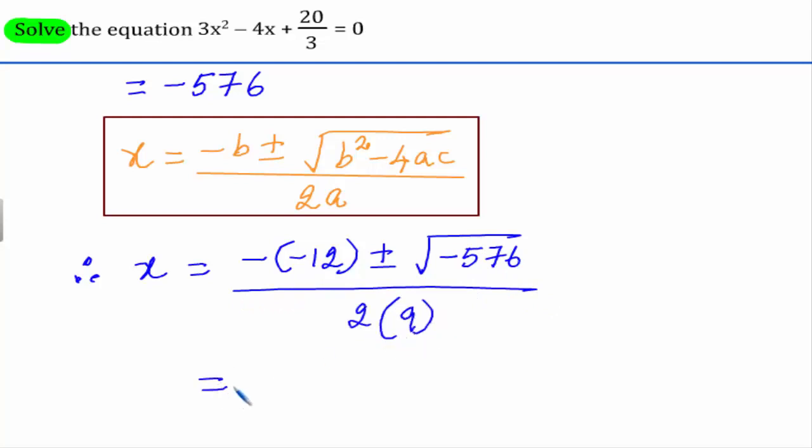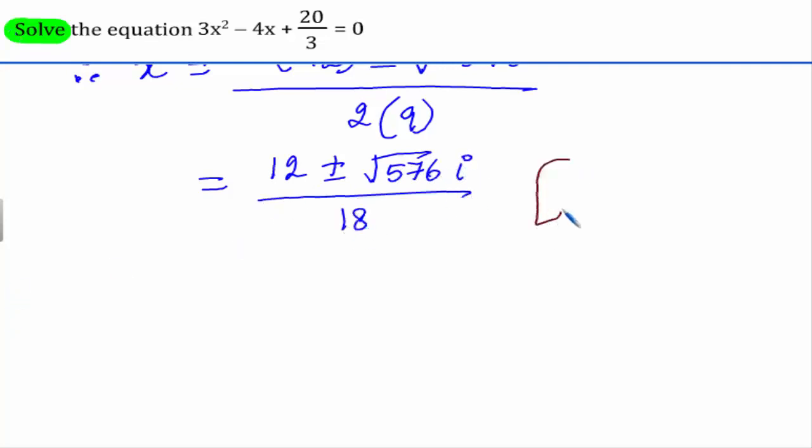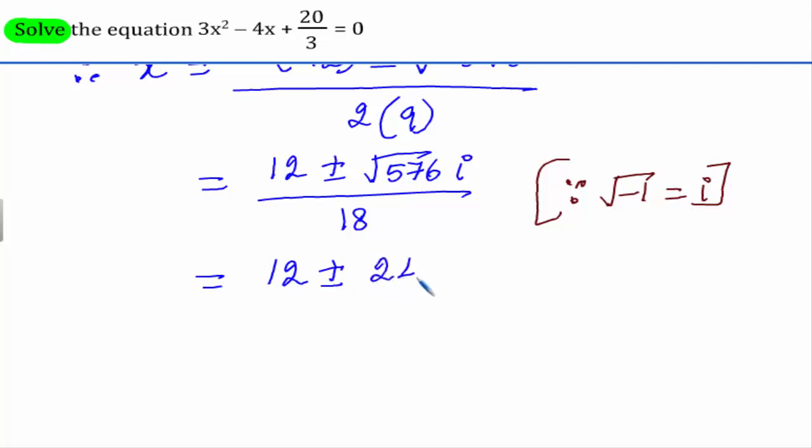So this will be equal to 12 plus or minus root 576 I divided by 18. Since root over minus 1 is equal to I, this will be equal to 12 plus or minus 24I divided by 18.